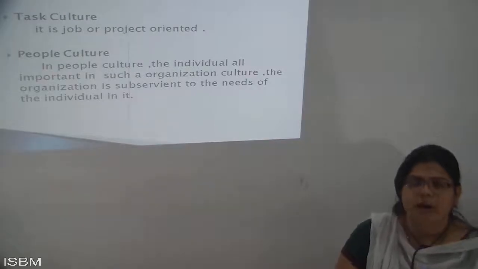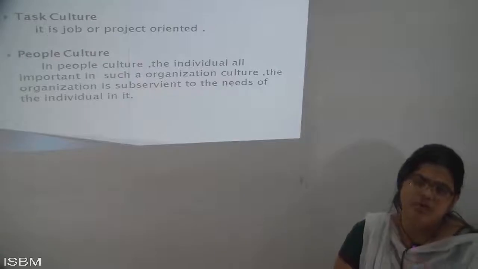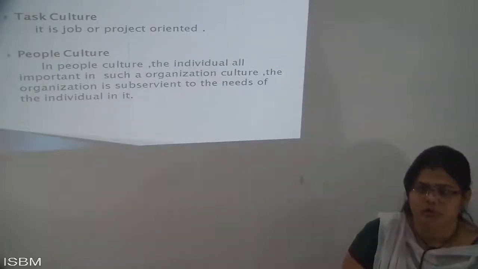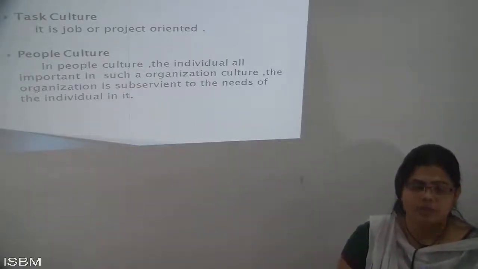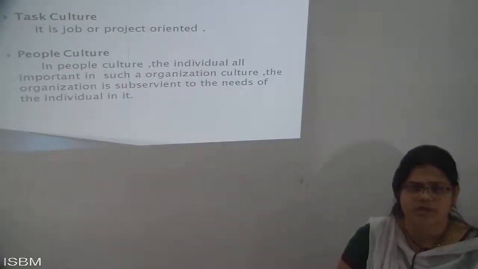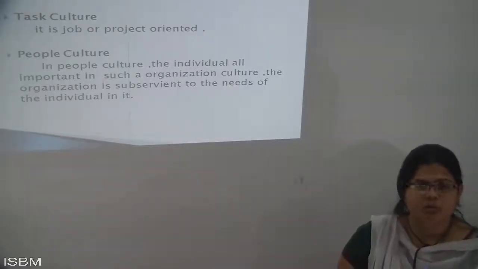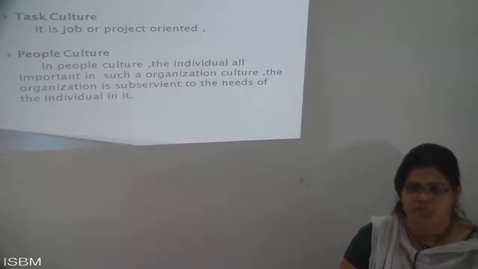Organization culture is different, and people culture is also different. Organization culture is about the trend of an organization, but people culture is about how individual people behave in their surroundings. When you are in an organization, some people are very rude, some are very friendly, some are just okay. This becomes very helpful for communicating with people.